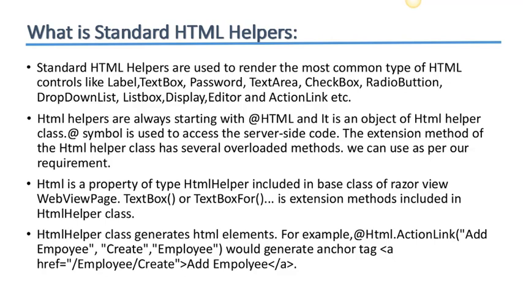So we can pass Add Employee as the link text, Create as the action method, and Employee as the controller. It would generate the anchor tag once it is rendered to the browser, like href equal to employee/create, and the text of the hyperlink is Add Employee.